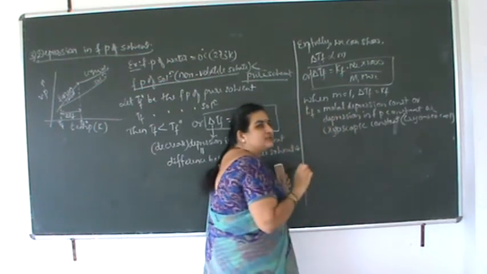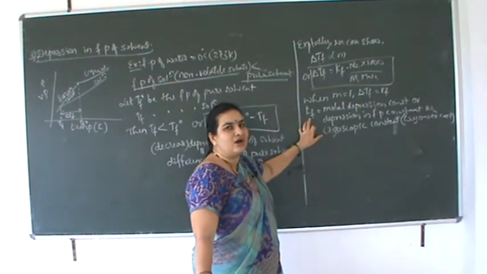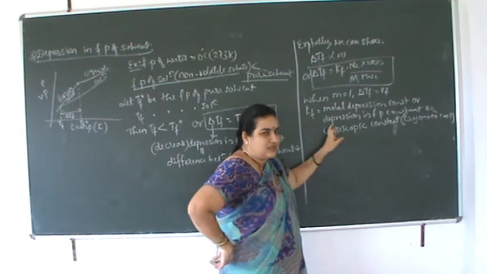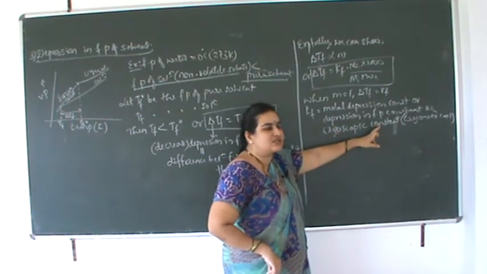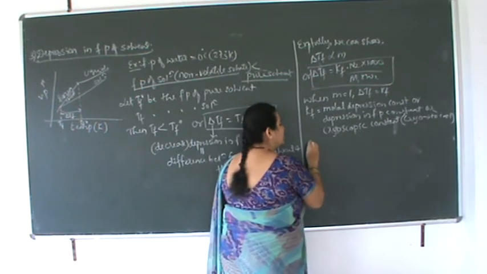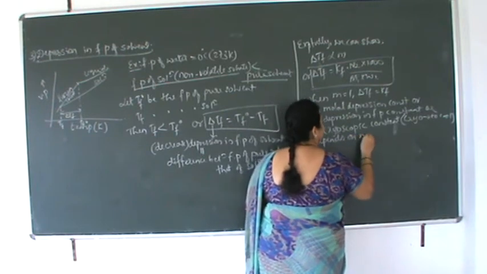In the freezing point we are cooling the system, so this Kf is called the molar depression constant, or depression in freezing point constant, or cryoscopic constant, and it depends on the nature of the solvent.